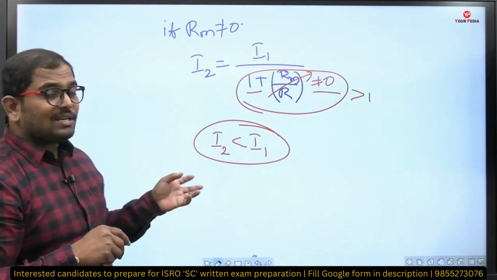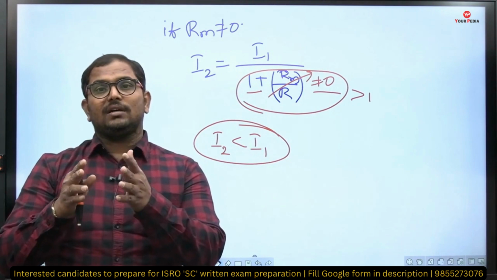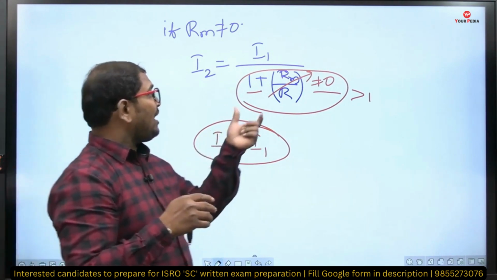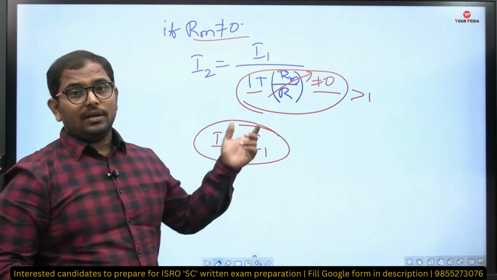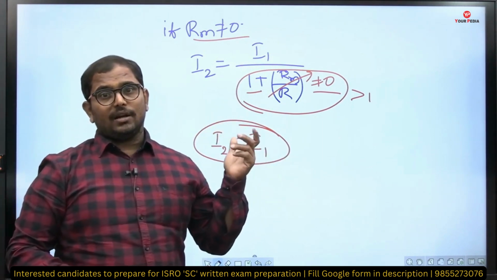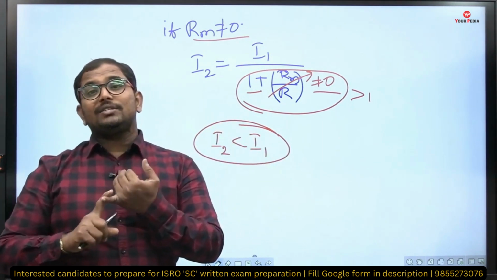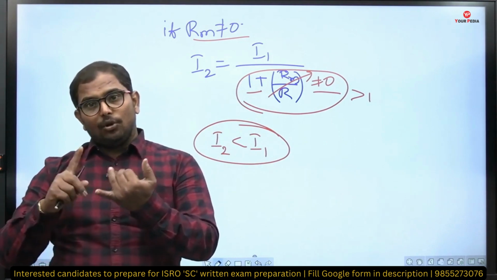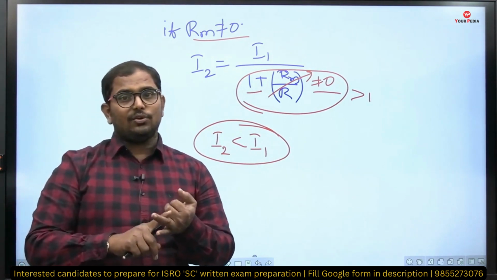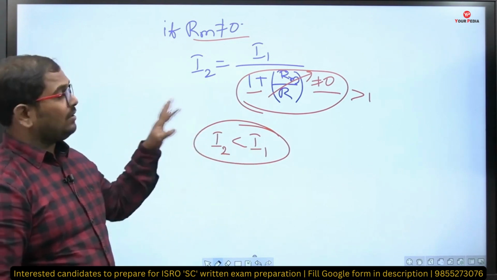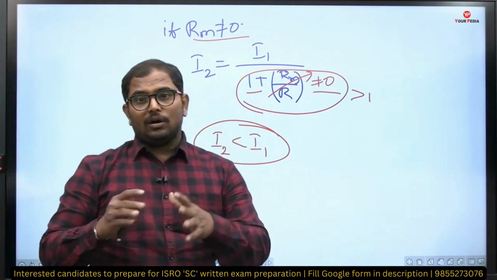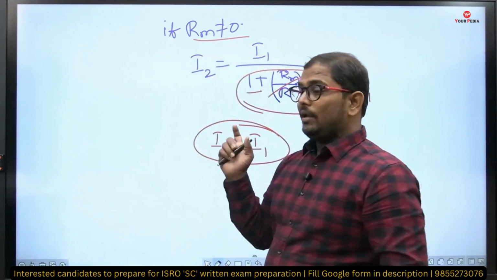Because of the ammeter resistance, we are introducing error into the measurement. Yes or no? The ammeter resistance is creating some load on the original circuit. That is the reason we call this entire concept the loading effect.